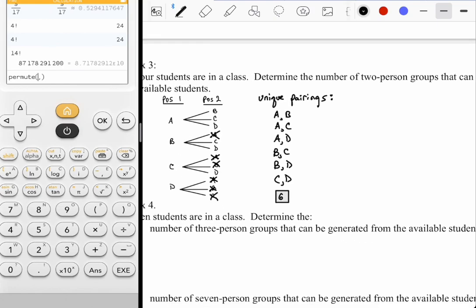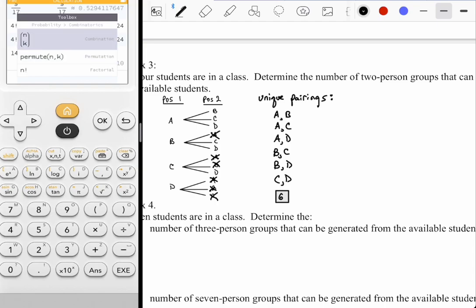It's in the same menu. In the same menu, you'll see the N over K. We want the N over K.